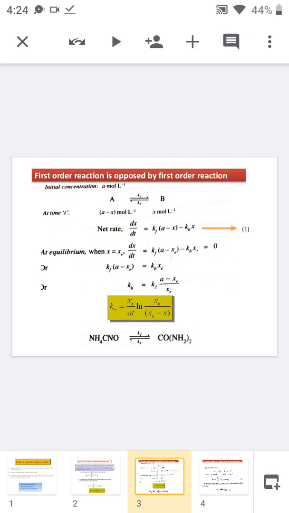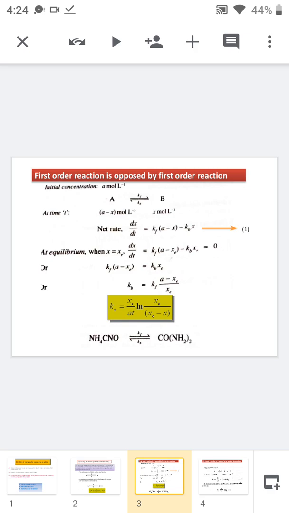Now at equilibrium, what will happen? At equilibrium, the rate of the forward reaction and the rate of the backward reaction must be equal. That means x becomes xe, the variation in the mass at equilibrium state. So x becomes xe, and the above equation 1 becomes dx/dt is equal to Kf into (a minus xe) minus Kb into xe.